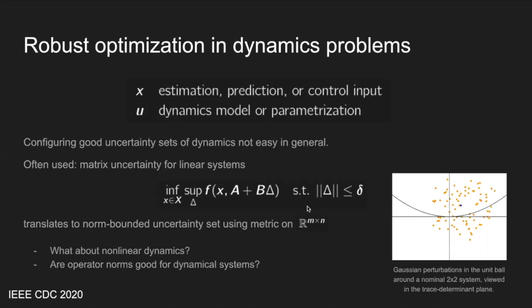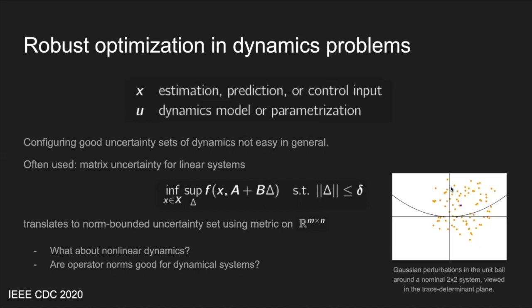And this immediately raises two questions in the general dynamic setting. The first one is, how do we use such a formulation to handle nonlinear dynamics? And the second one is whether the standard metric on R^(m by n) is necessarily good for comparing two dynamical systems.